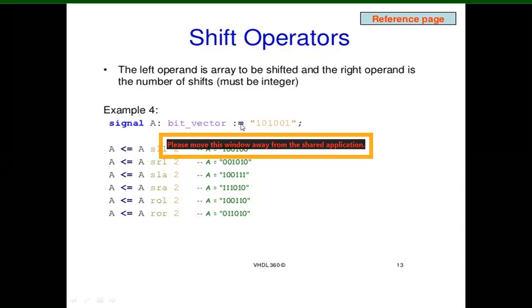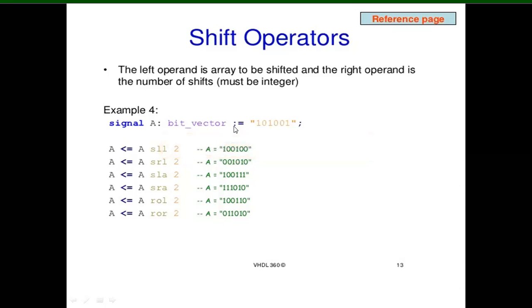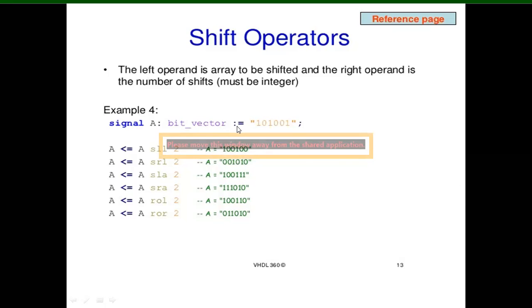For signal, we use the operator colon equal to, to assign a value. So for signal A, we assign this array of bits. What is the value for A? 1 0 1 0 0 1.